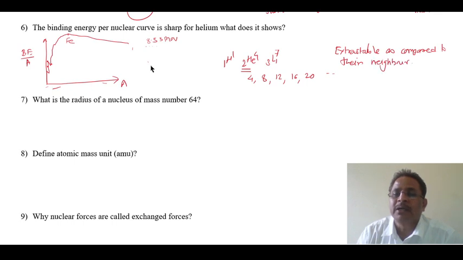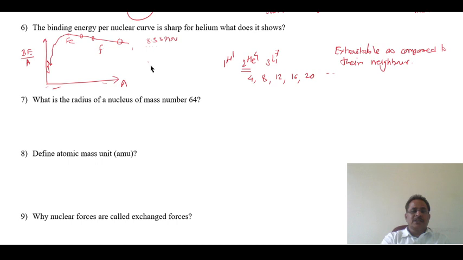Apart from that, we might have also studied that in this region, if a heavier nucleus is broken into two smaller nuclei, binding energy per nucleon gets released. That process is called fission. So fission is shown here for heavier nuclei, whereas in case of lighter nuclei, when two small lighter nuclei come together and form a bigger nucleus, there is also a gain in binding energy per nucleon, or energy is released in this process.